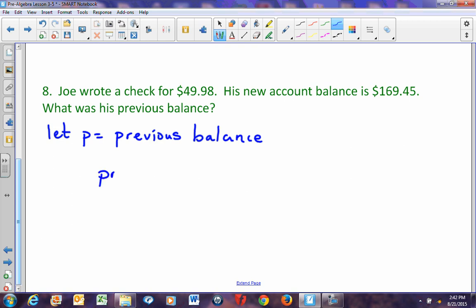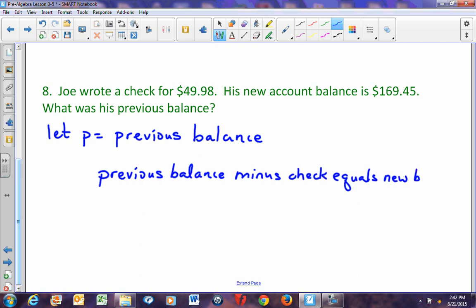Okay, previous balance minus check equals new balance. So I can simply write this as an equation.